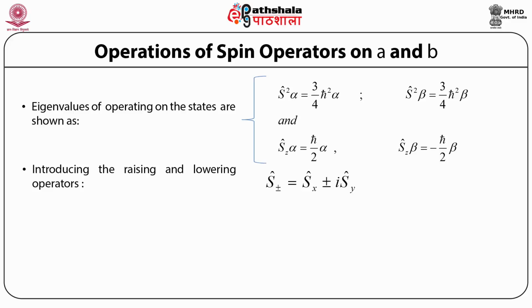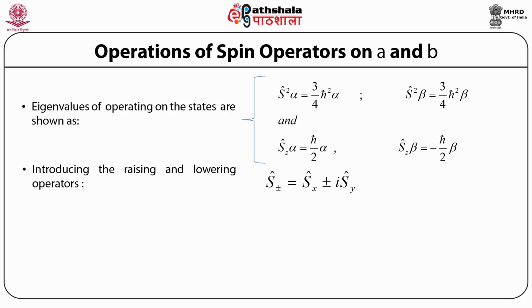The raising operator, S plus, is defined as Sx plus iota times Sy, where Sx is the x component of the spin operator and Sy is the y component of the spin operator.